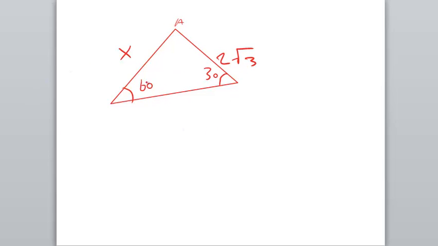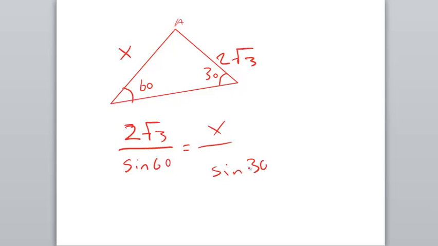Okay, so what was the thing? It was 2 root 3 over sine 60 is equal to x over sine 30.